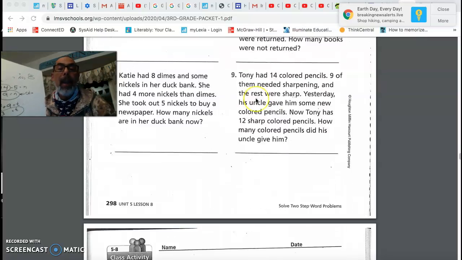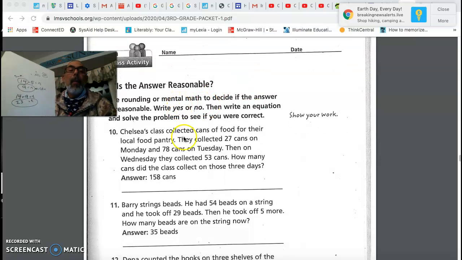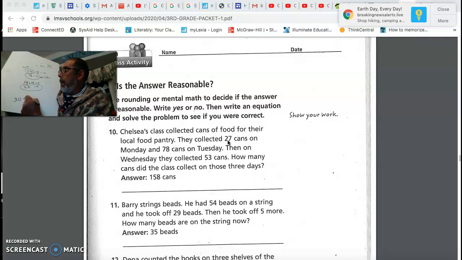I hope that helps. And then here, the last one is talking about rounding. If they collected 27 cans, I would say that's about 30. 78 cans, I'm going to say that's close to 80. And 50 cans, that's 53, about 50.